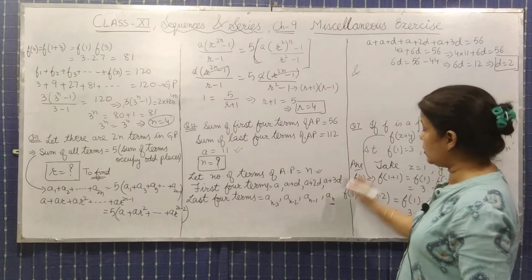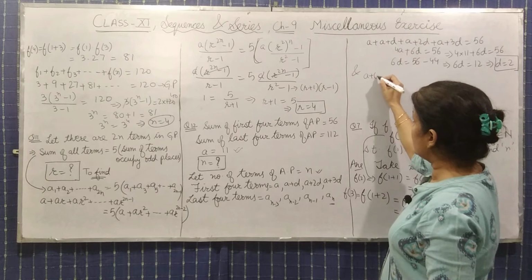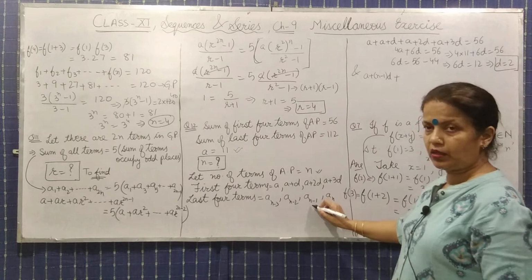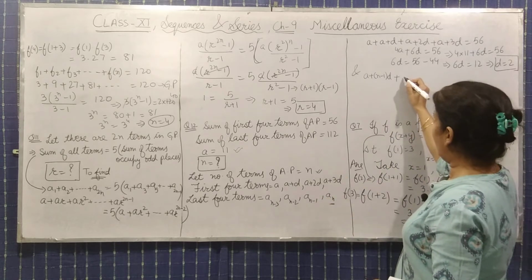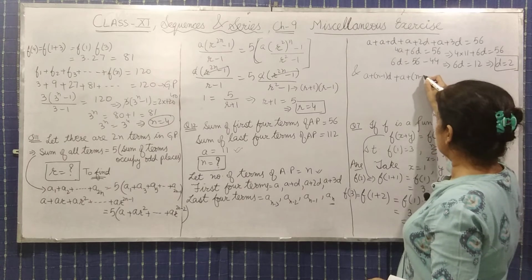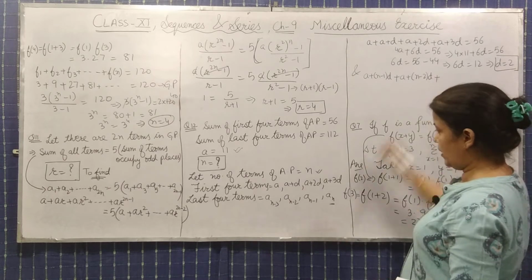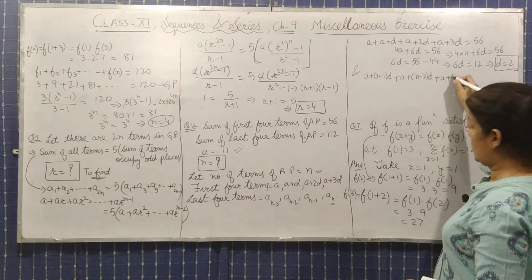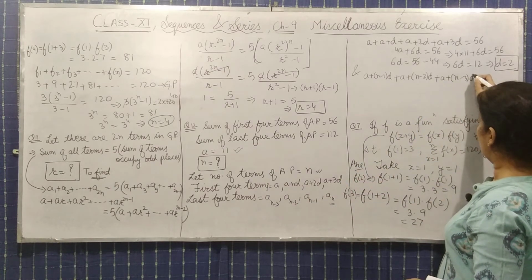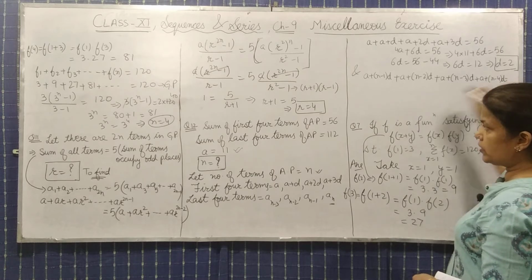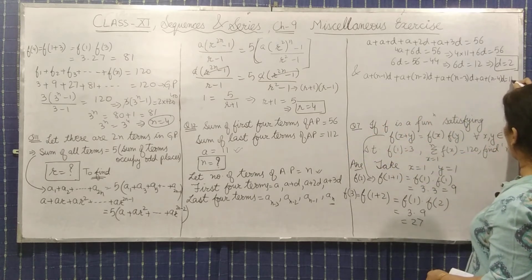So this is a plus n minus 1 d, plus इसको लेते हैं. So what it will be? A plus n minus 2 d, plus इसका लेते हैं, a plus n minus 3 d, plus a plus n minus 4 d. This is equal to, its sum is given as 112.